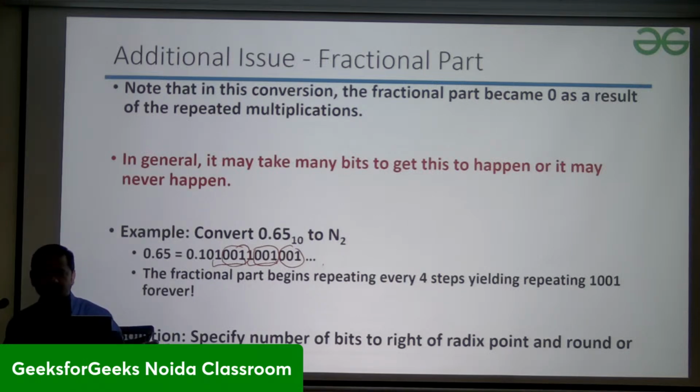So you have to have a certain mechanism to truncate your value rather than computing, because in the GATE exam you do not have much time. So you have to reach the conclusion very fast. If there is any such appearance, you just try to identify the pattern. If it is a repeated occurrence, you can terminate there.